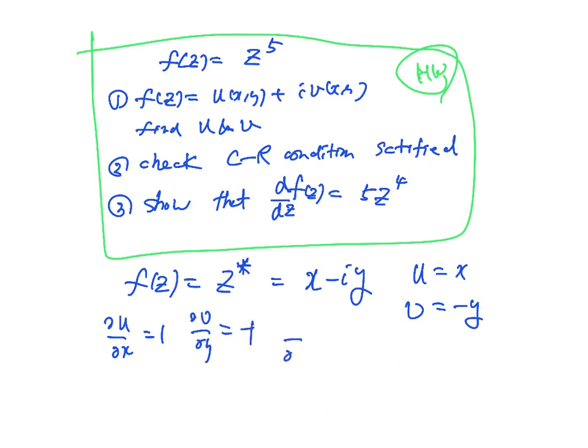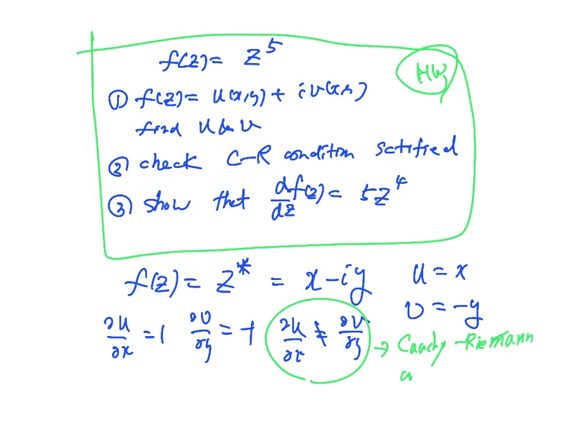So partial x partial u is not same as partial y partial v. So that means the Cauchy-Riemann condition is not satisfied. So not differentiable.